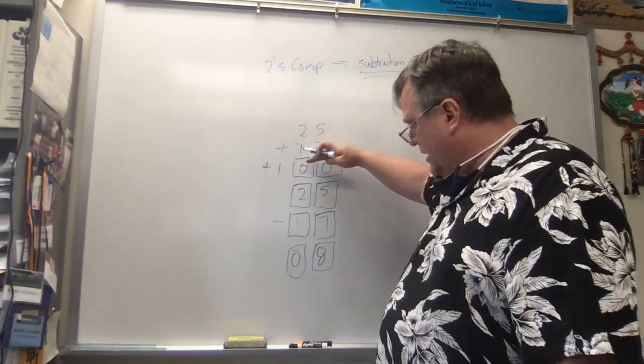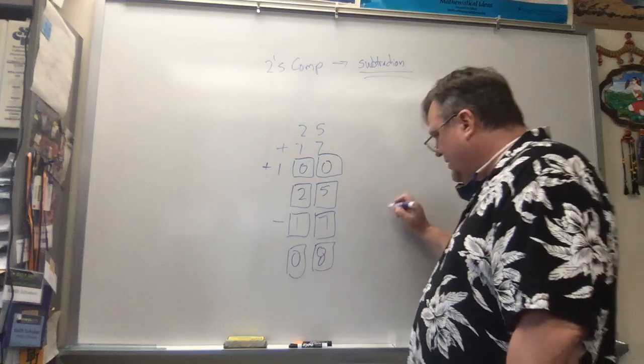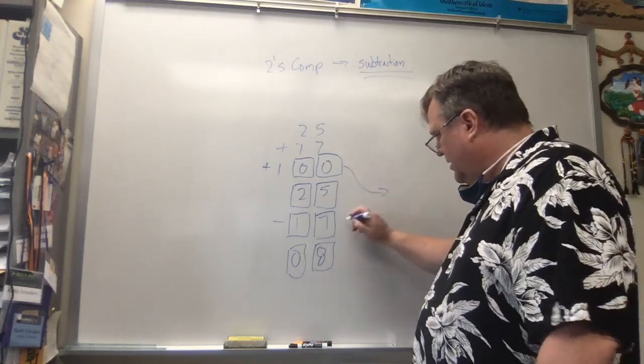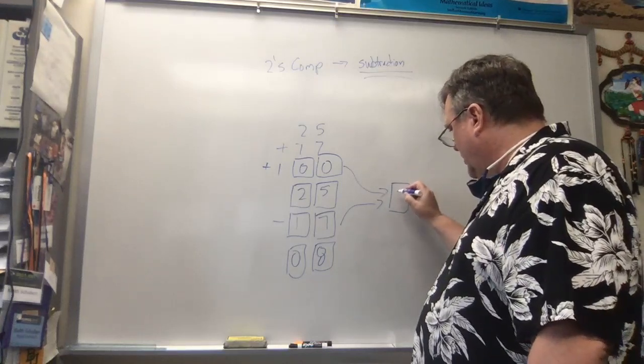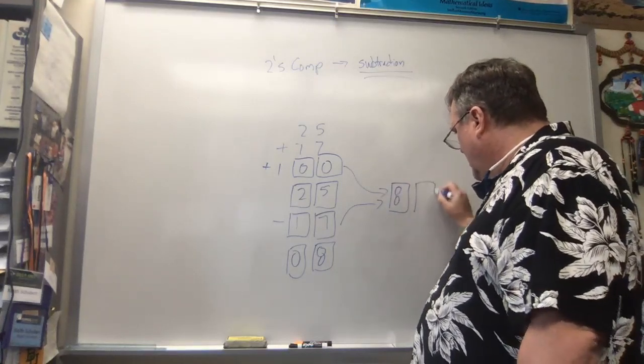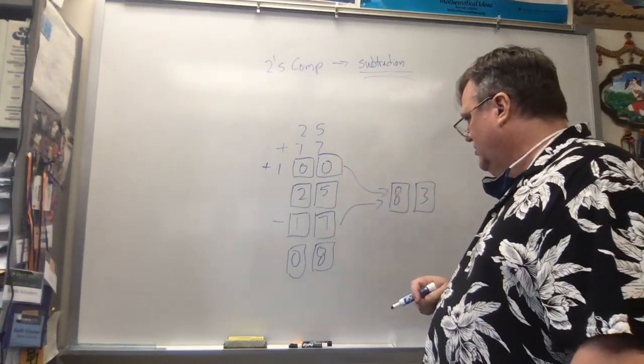So if I go 100 minus 17, and I calculate that as an intermediate problem, that ends up being 83 as the number. That's 100 minus 17.